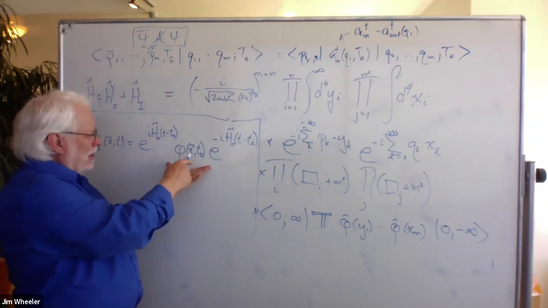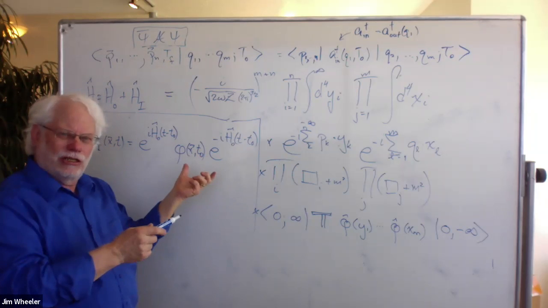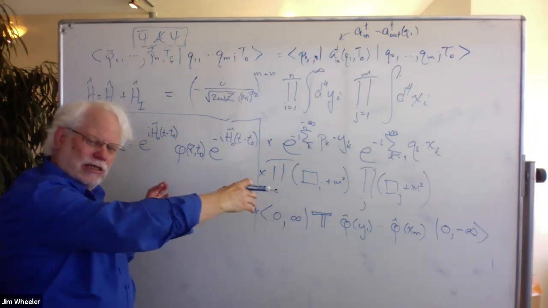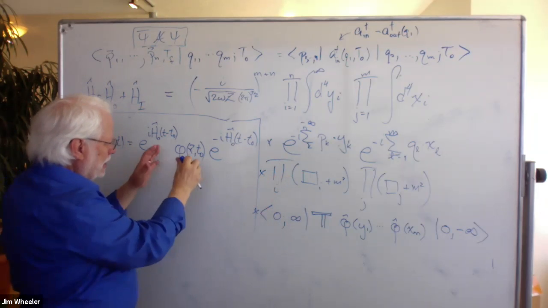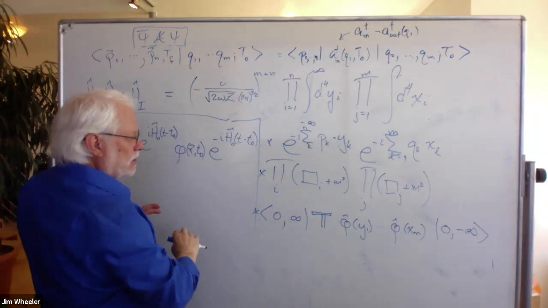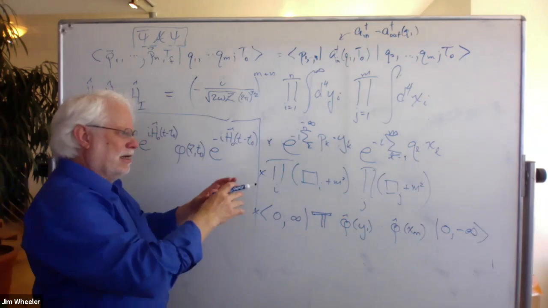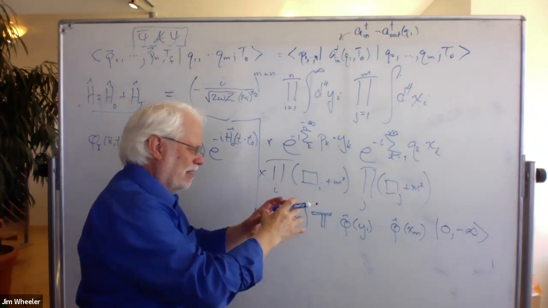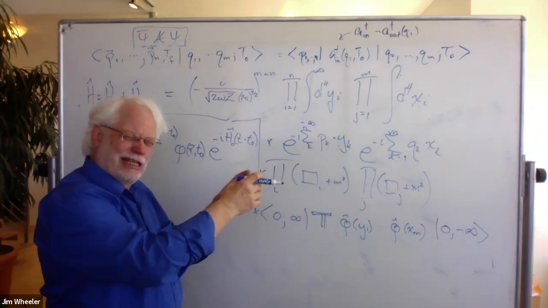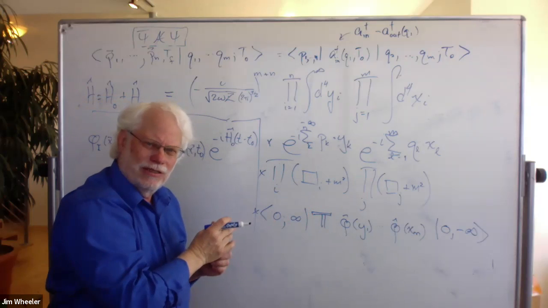Well, the thing to notice here is this is a product of fields. And the ultimate evolution we're going to get is the exponential of the interaction Hamiltonian, which we expand in a power series. So what's happening is that the time dependence will be free field evolution, which we can handle very easily, and then a final exponential in the interacting Hamiltonian, which ends up being a product of fields.